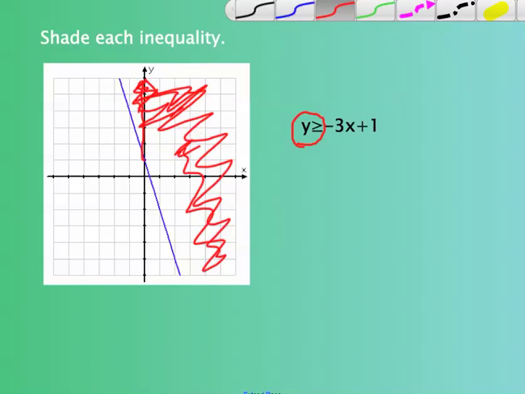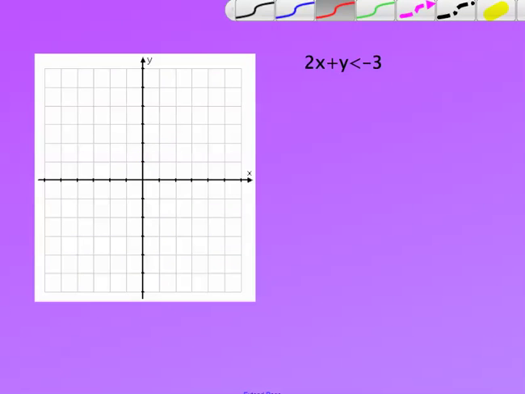There are a couple graphs I want to show you as well. These are given to us in standard form. And what we need to do here in order to graph it is get the y by itself. So in this problem, what we'd have to do is subtract 2x from both sides of our inequality.